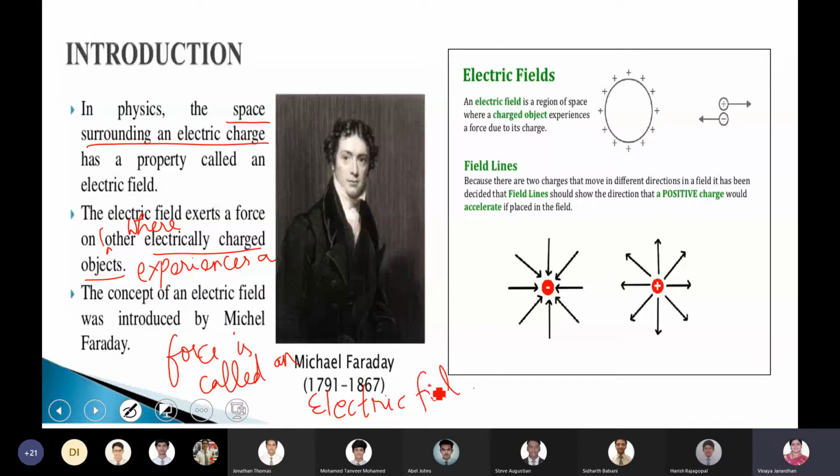So what we can write is that the space surrounding an electric charge where other electrically charged objects experience a force is called an electric field.